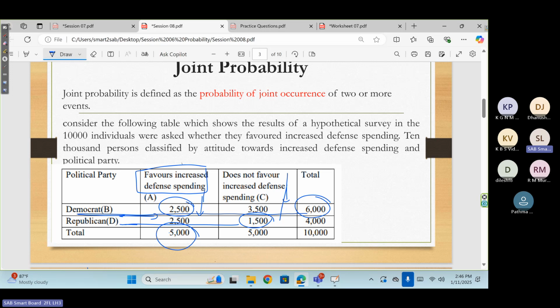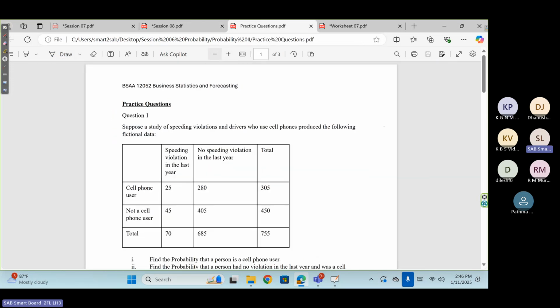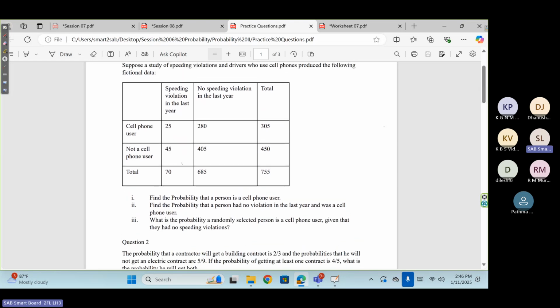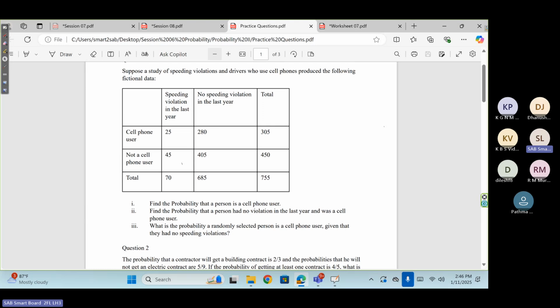In this worksheet, the first question gives the cross tabulation and asks three questions, okay? Up to that point, you can answer the first part and second. Hurry up.